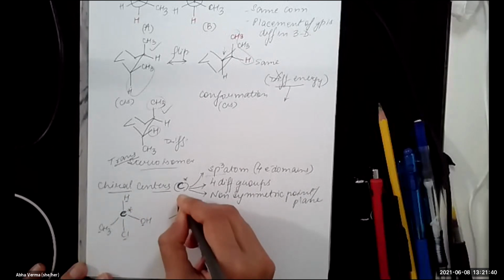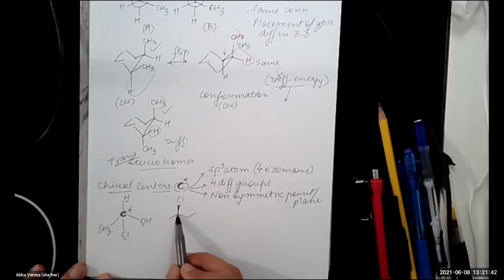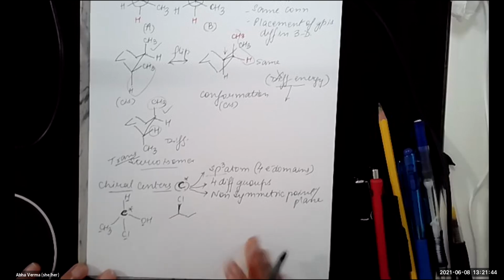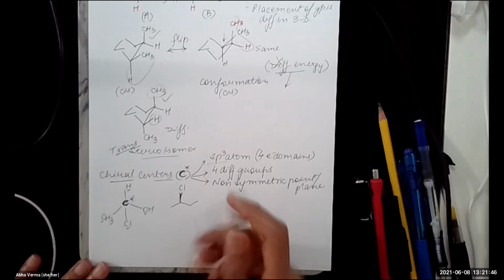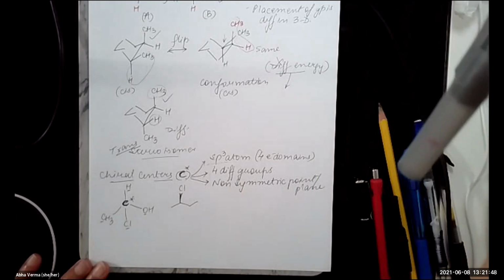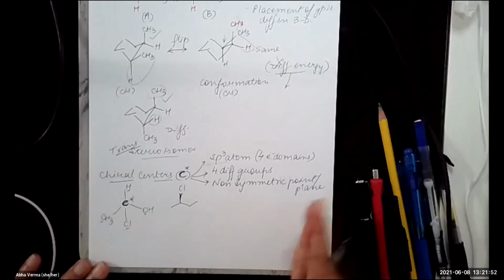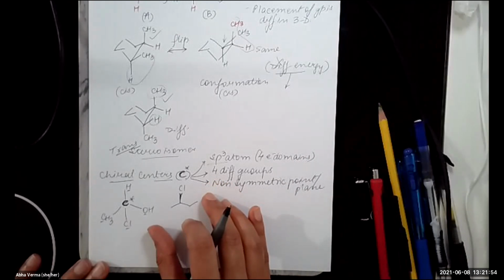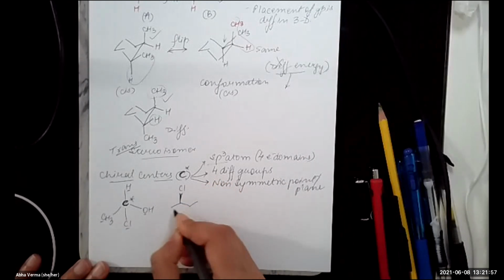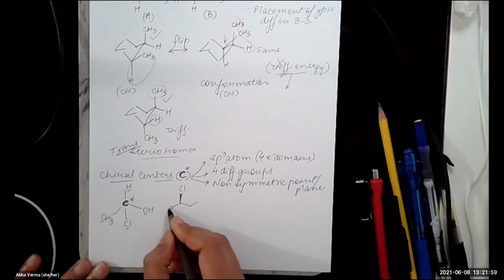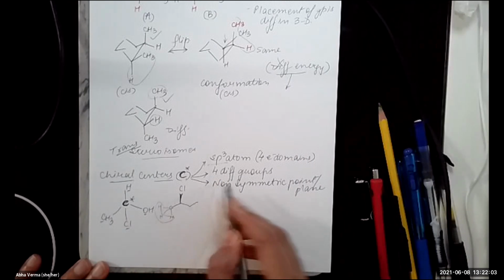What about this? 1, 2, 3, 4 carbons, right? All of these carbons have all of their 4 bonds. I'm not showing the hydrogens, but that does not mean there are no hydrogens on it. On this carbon, I have 3 hydrogens, all of them the same.